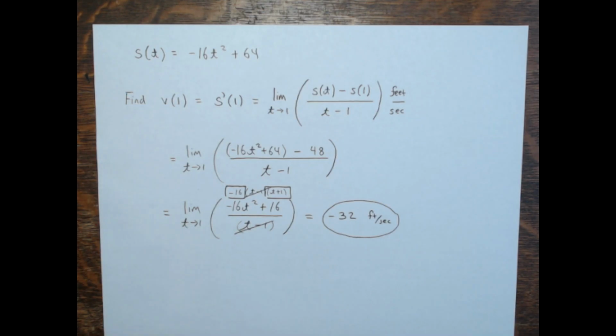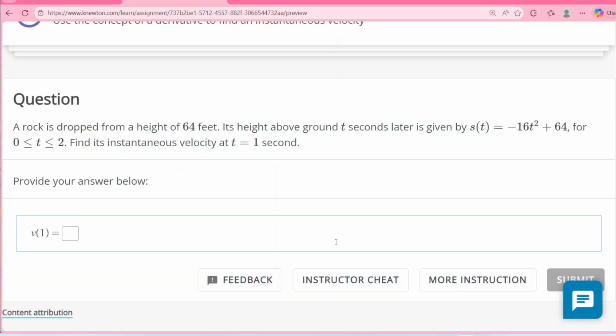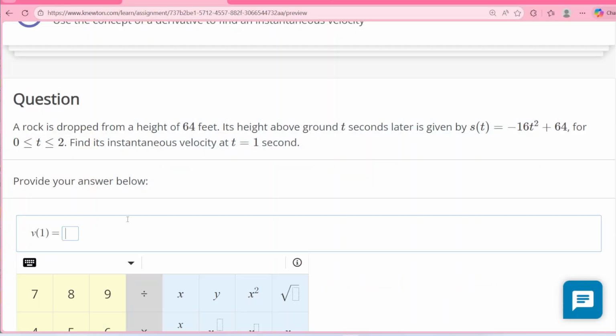Of course, the more it falls, the faster it will get due to gravity. But at that 1 second mark, at that instant, it's falling at 32 feet per second. So I'm just putting in the velocity, negative 32, here. Again, they don't have the units for me. You don't have to type the units, just put the number.